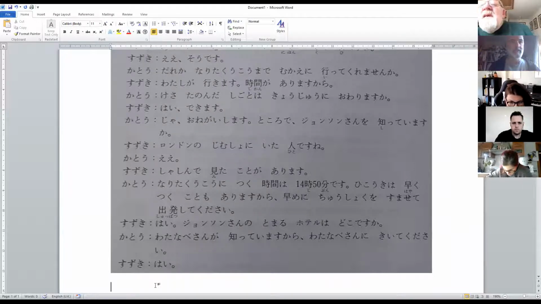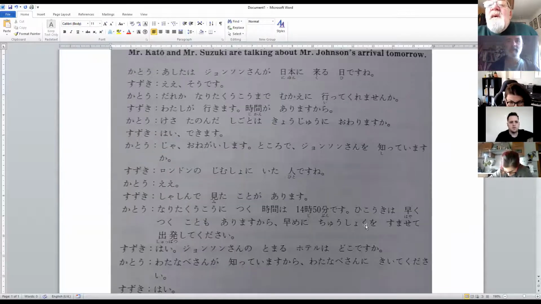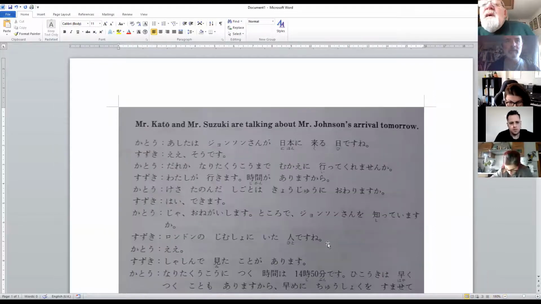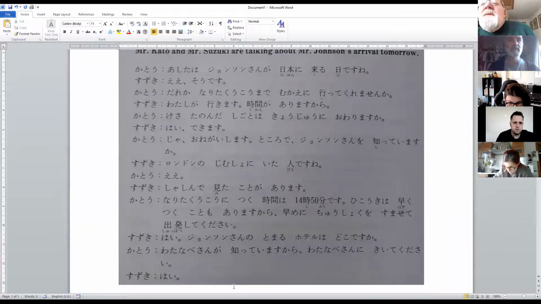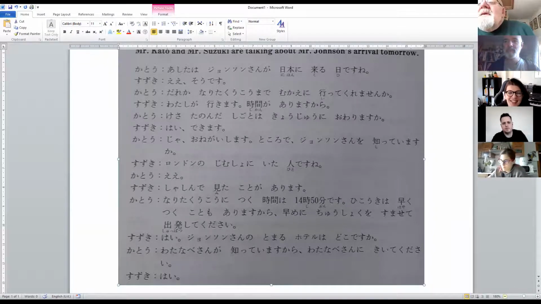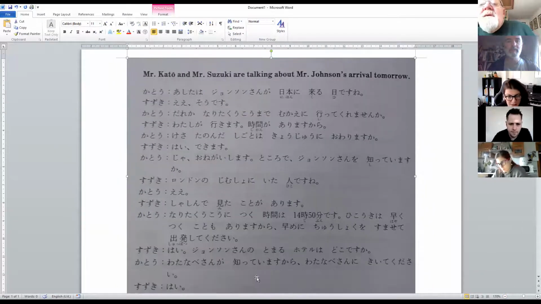Jock, would you like to go first? Let me zoom out slightly so I can write at the same time. It's pretty simple. Do you want to quickly read the Japanese and then say what it is in English?